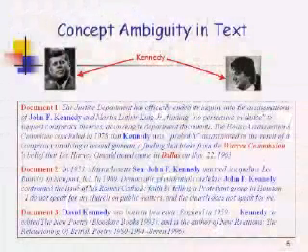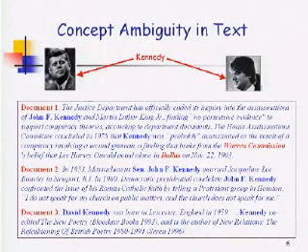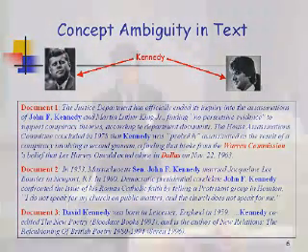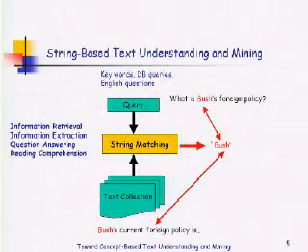In this example, suppose we want to find some information about Bush's foreign policy. We first try to identify the name Bush in the query. Then we search the text collection to find the information that contains the name Bush, or the string Bush. We call this kind of task a string-based text understanding and mining task. But there is some problem with this kind of approach.